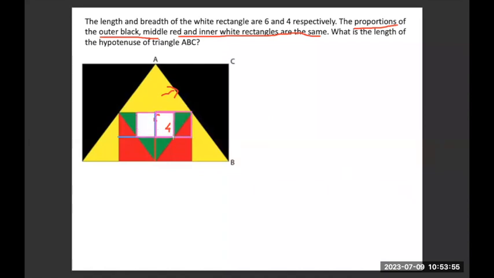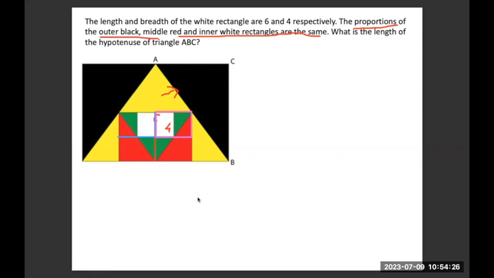This white part which you're seeing here and the quadrant that I have made here, the white rectangle and the quadrant of pink colored, which I've drawn here, they both are the same.